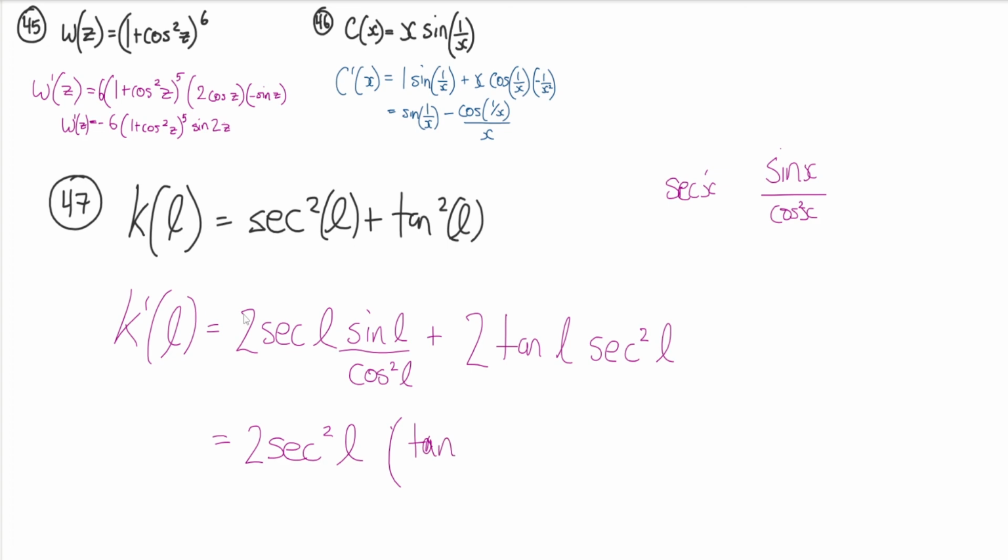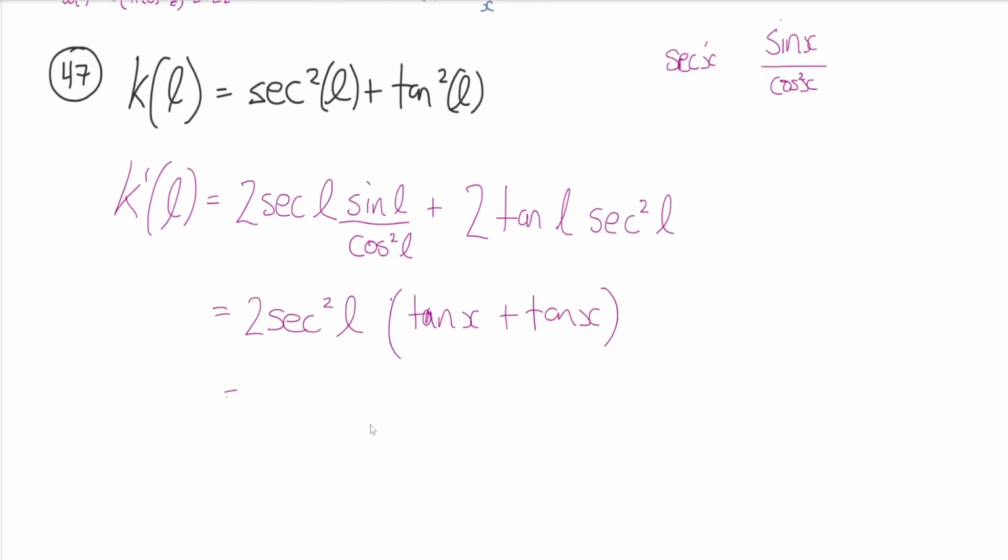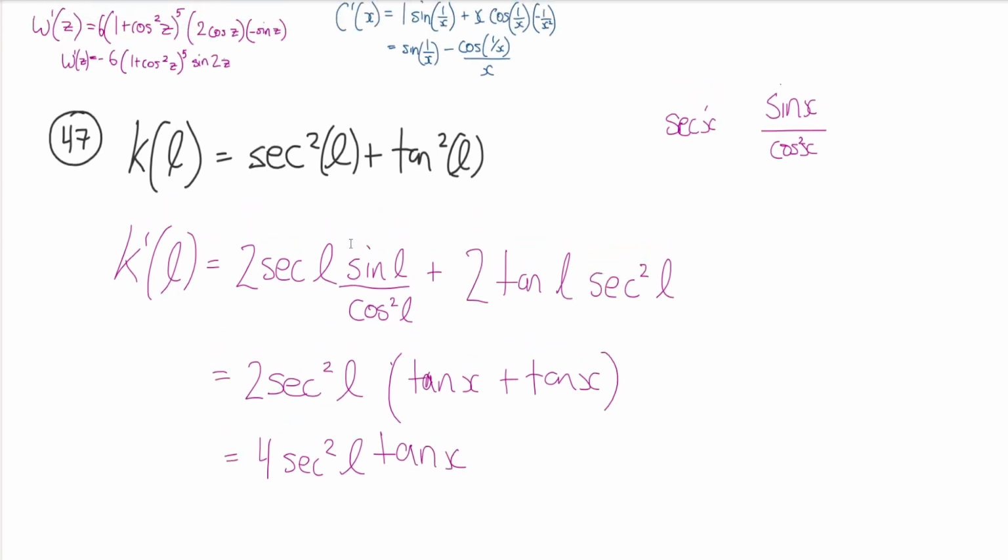Tan of x plus tan of x, right? 2 tan of x. So actually, let's not stop doing that. Okay, so 4 secant squared of L tan of x. Boom. Okay, nice. That simplified nice. Right.